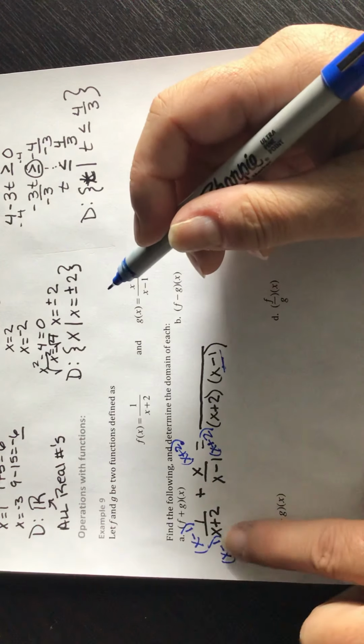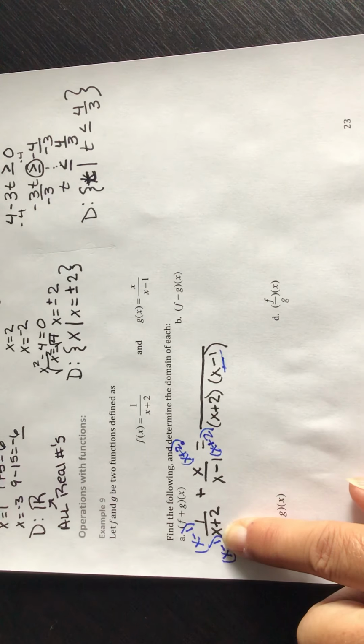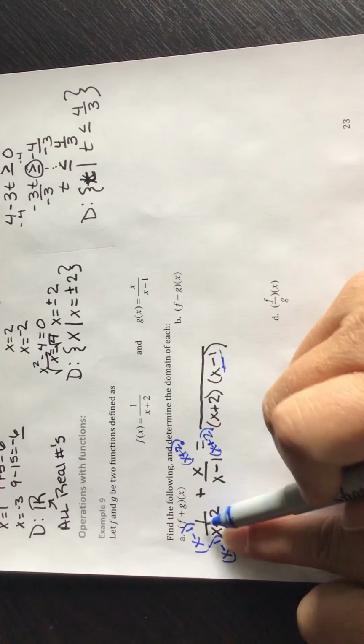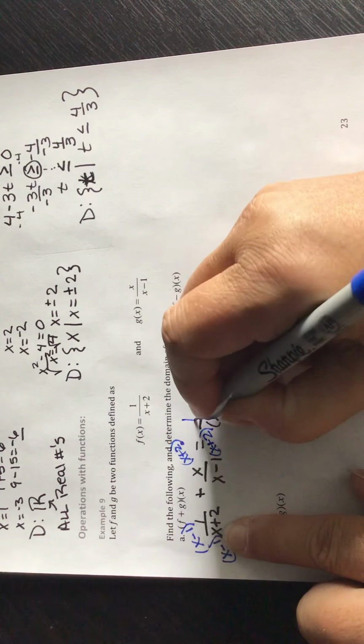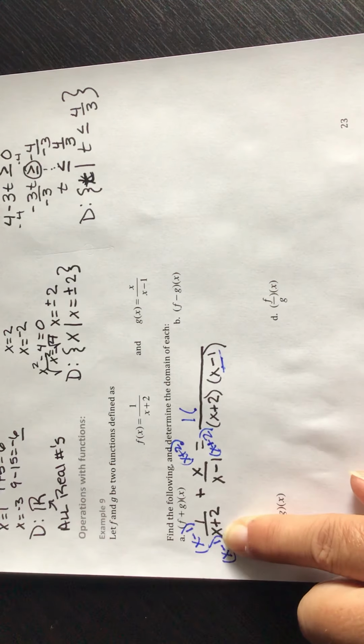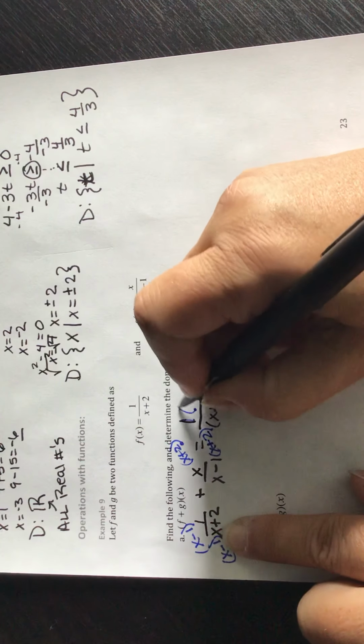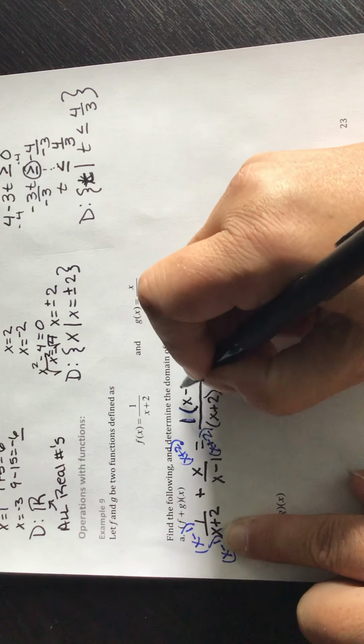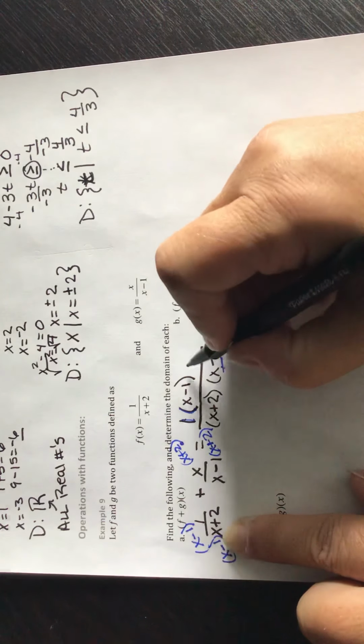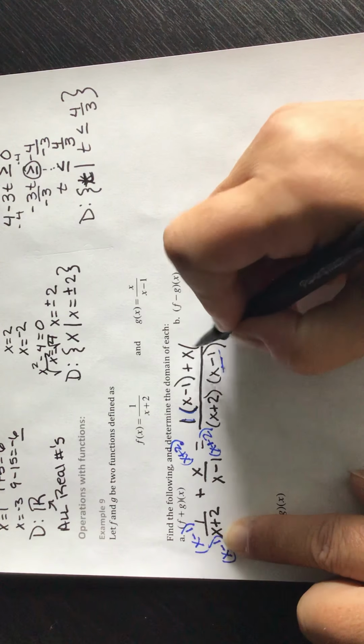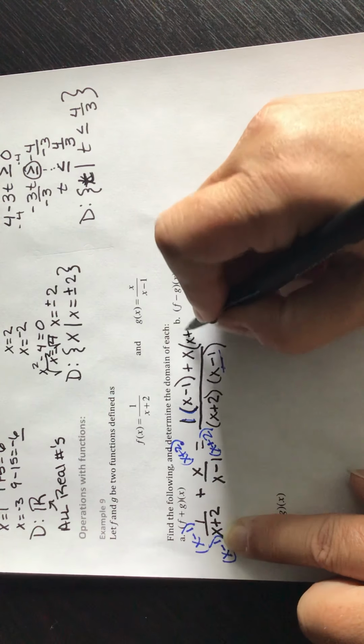Now I'm going to rewrite my numerator. So if I multiply 1 times x minus 1, and I'm going to add that to x times x plus 2.